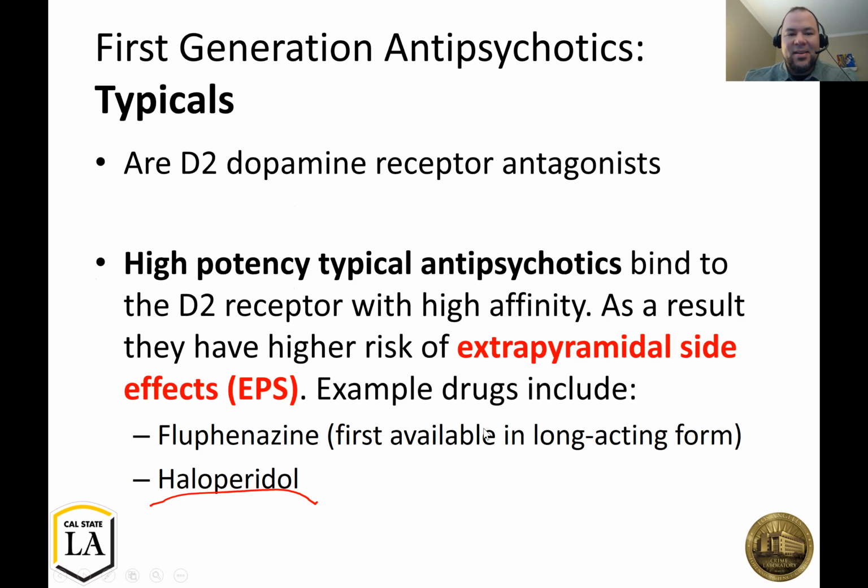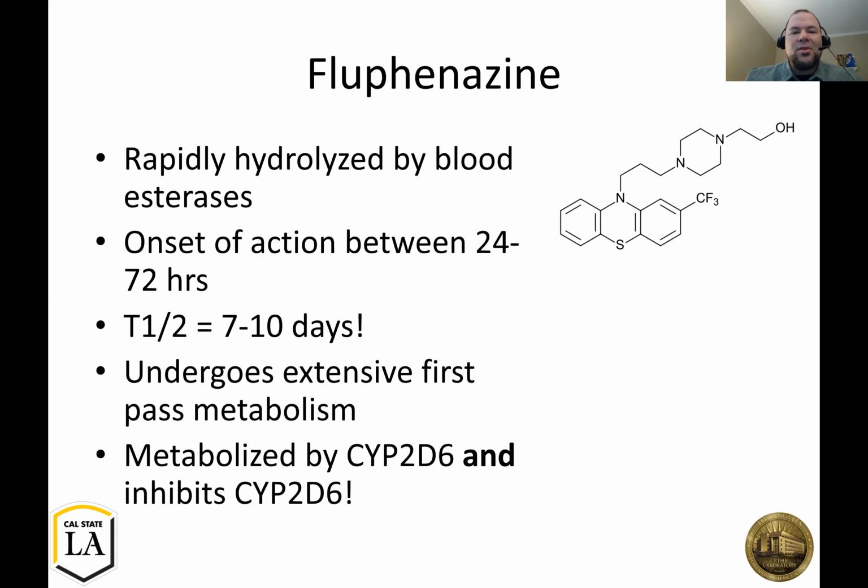So let's go back. Okay, so a couple drugs here in the typicals, and I'll talk about the extrapyramidal side effects. That can be a big side effect of these compounds, okay. All right, so first drug here, fluphenazine, it's rapidly hydrolyzed in the blood. Its onset of action is here, half-life pretty long, 7 to 10 days.